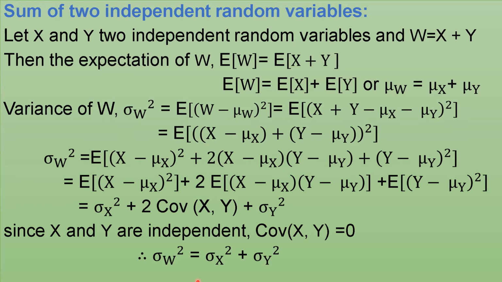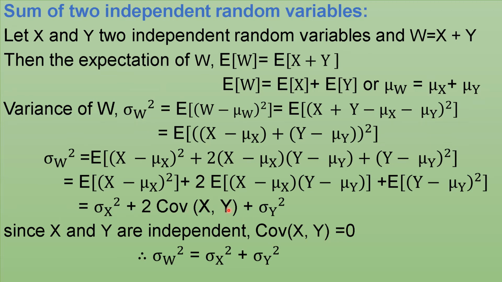So for independent random variables x and y, the covariance of x comma y will be 0. Here we have taken x and y as two independent random variables, so the covariance of x comma y will be 0.